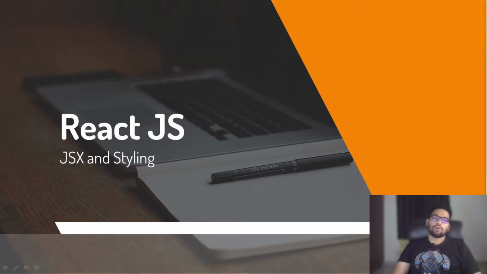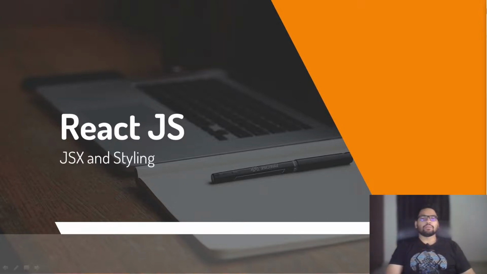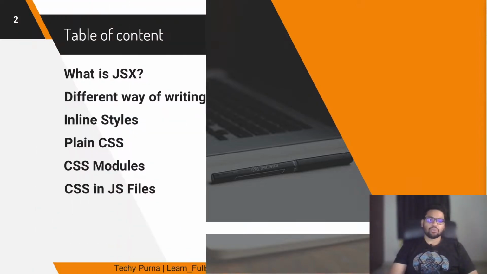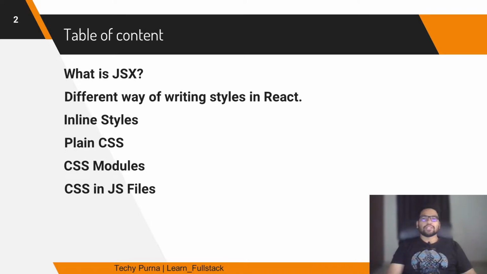Today we are going to talk about JSX and styling. Here, basically, we are going to cover JSX code and basic implementation of CSS styling over JSX elements. So here's the table of contents for the session today.